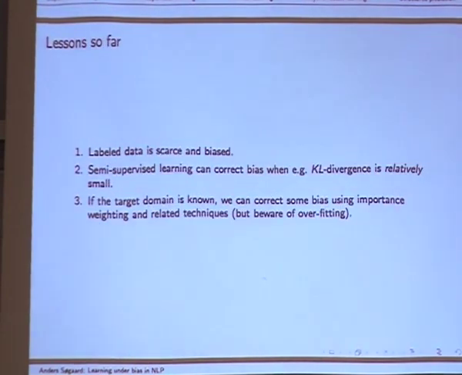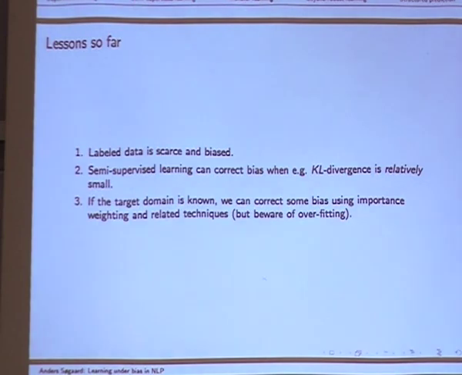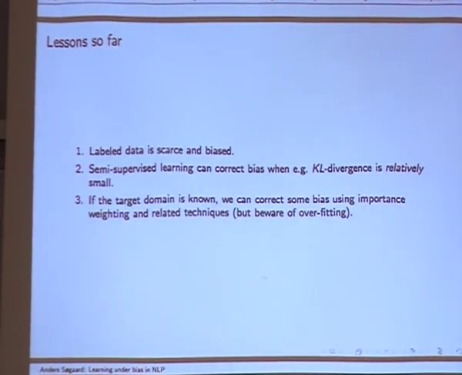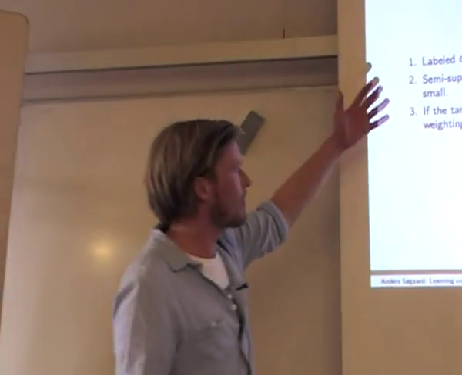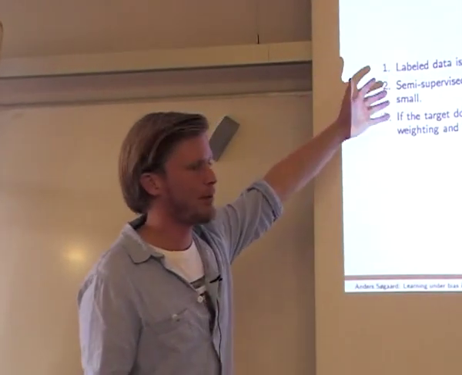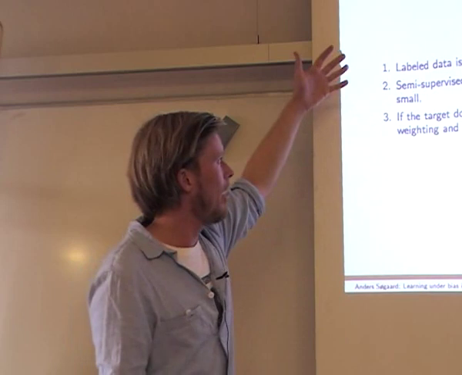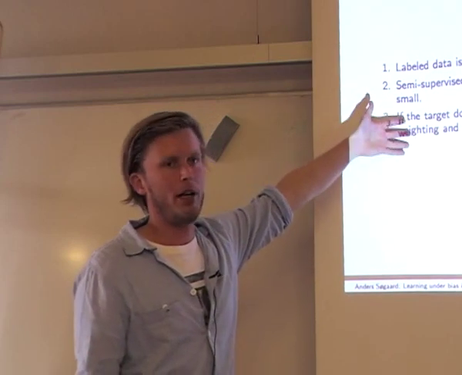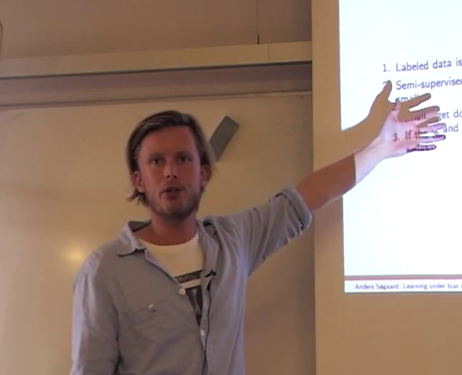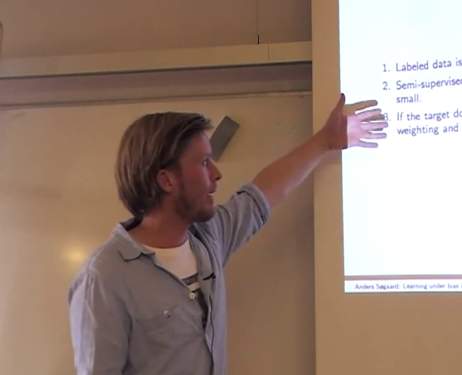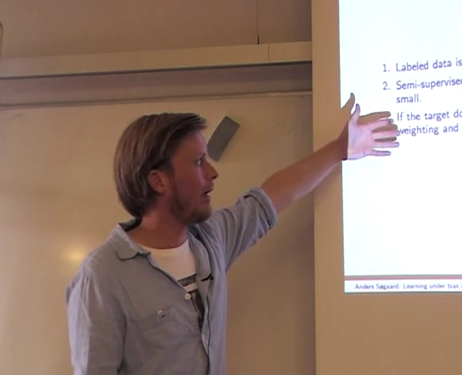Okay. So that was a brief tour of transfer learning. The lessons now are that we have scarce, biased data, and we have semi-supervised learning that can fix some of our problems, but if the target domain is known, which is also an assumption made when you apply semi-supervised learning to these kinds of problems, we can correct further bias using importance weighting.